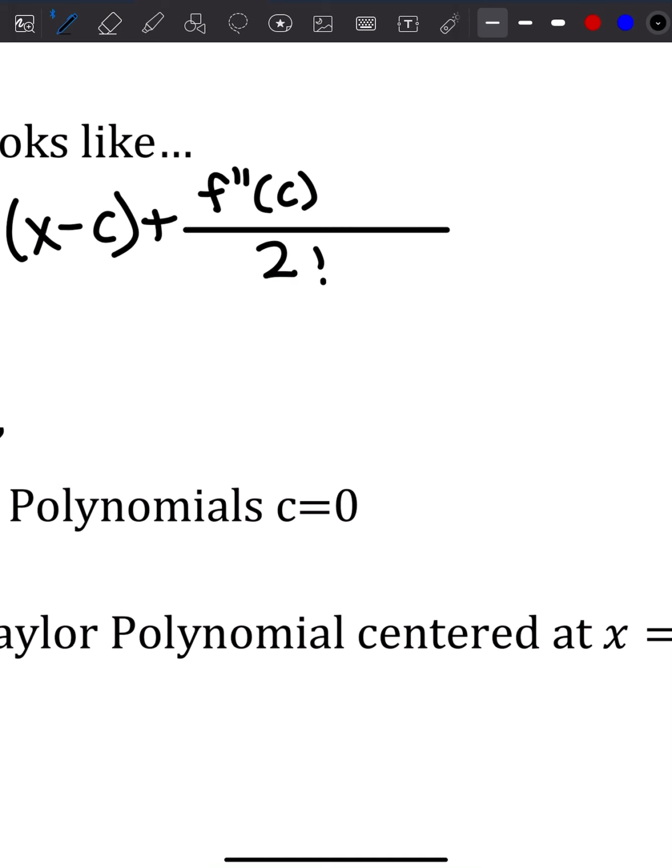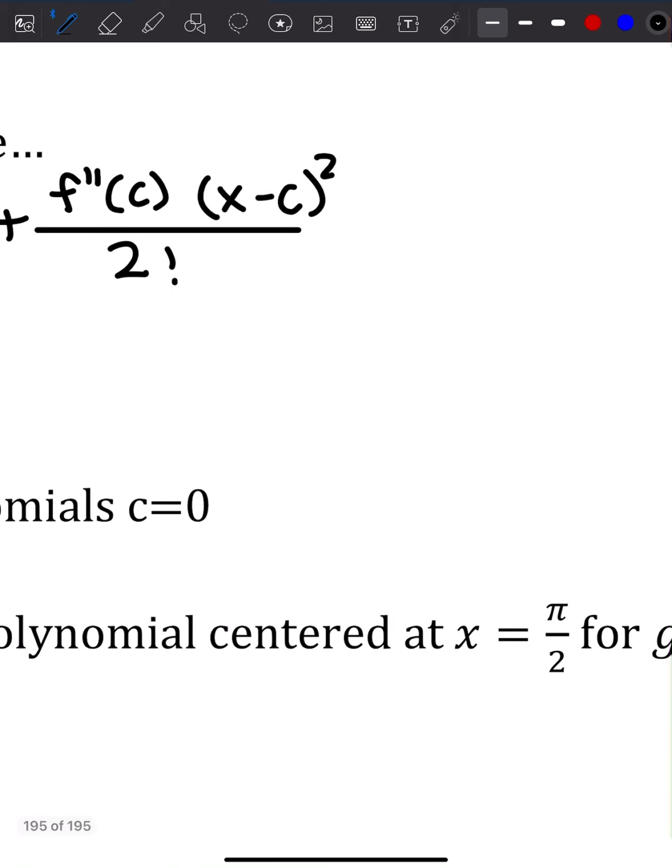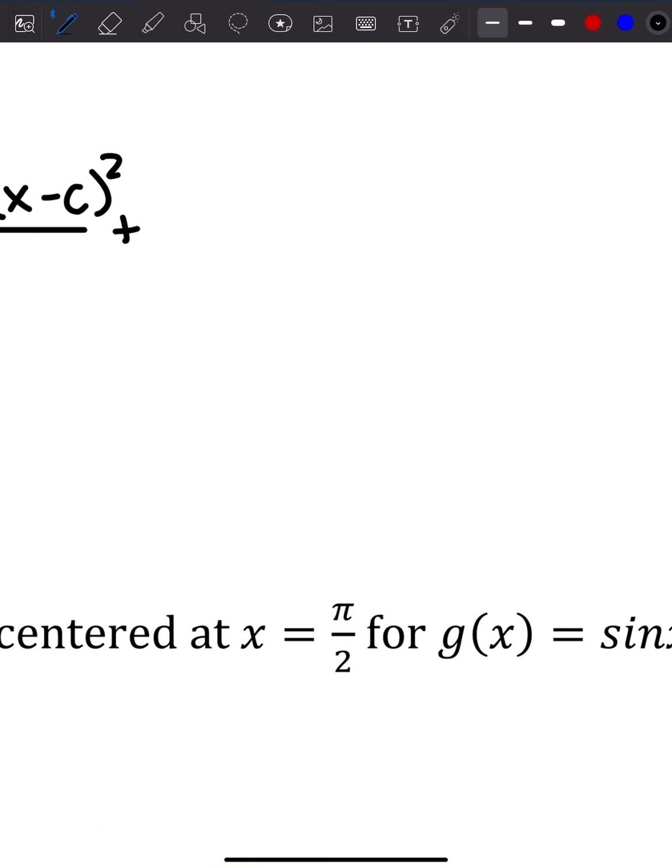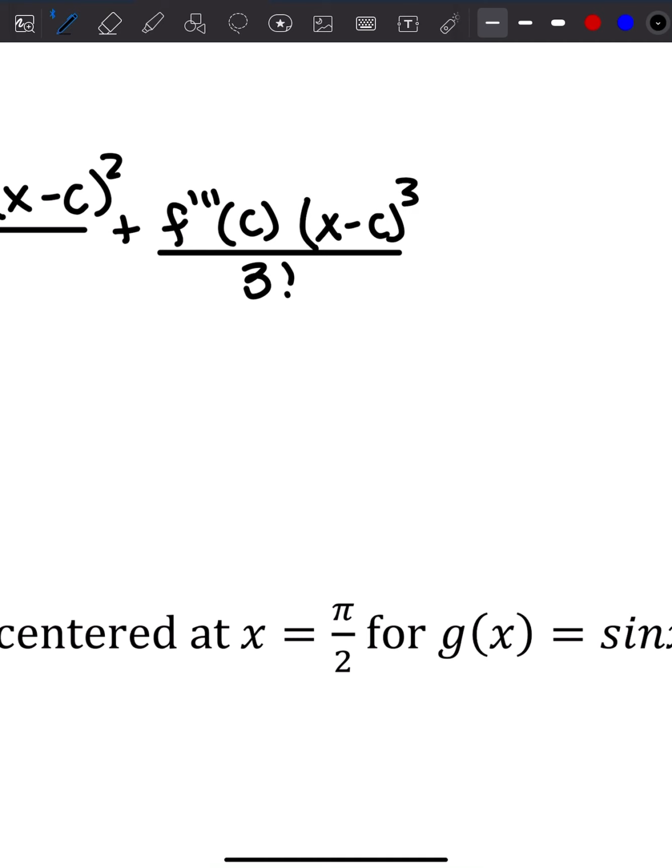And I'm only doing the factorial here because our factorial matters in all the other ones. And we're multiplying this by x minus c squared. And we can even do a third one. So f triple prime of c divided by 3 factorial times x minus c cubed.